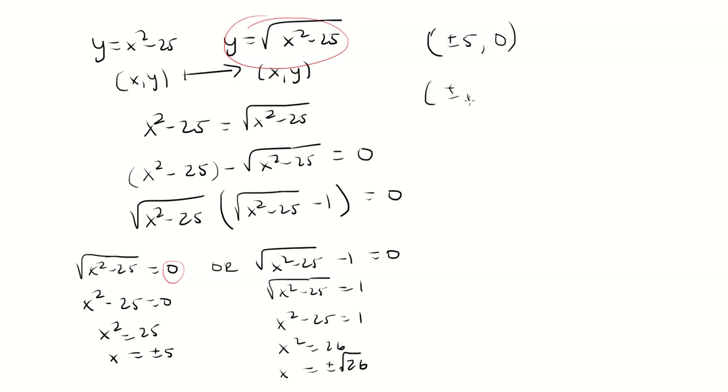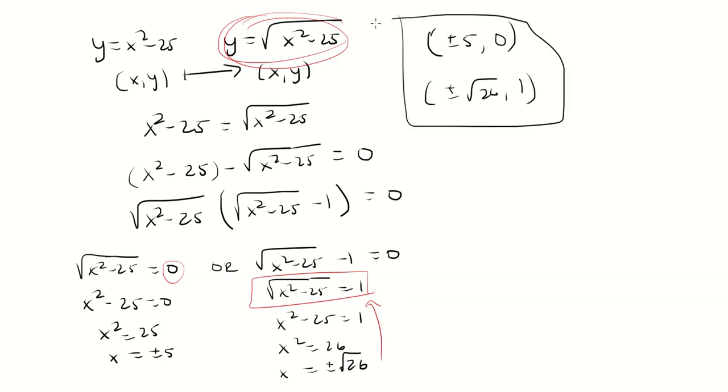And then if I plug in the other solution, again into this one, I'm going to get 1, because from this line right here, the square root of x squared minus 25 equals 1. So if you go backwards, these 4 points are going to be the invariant points.